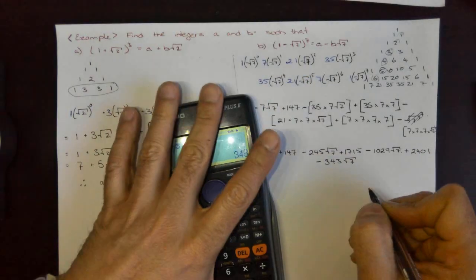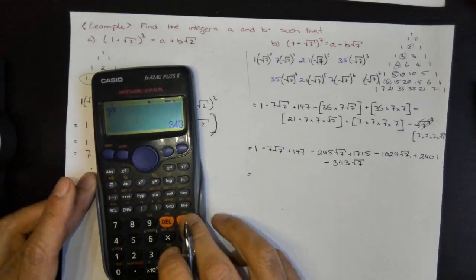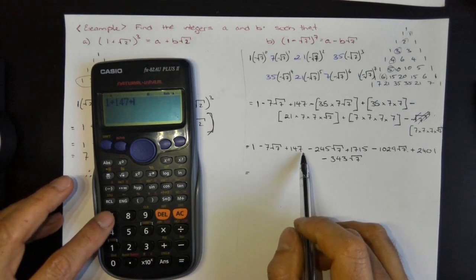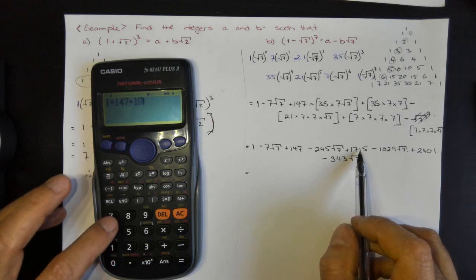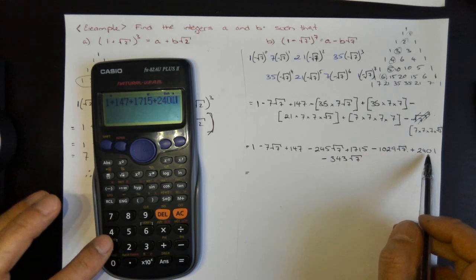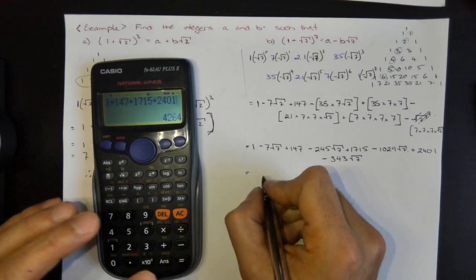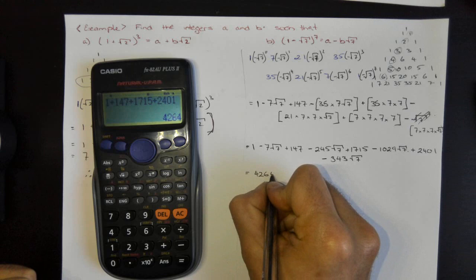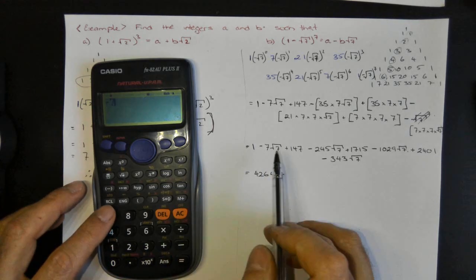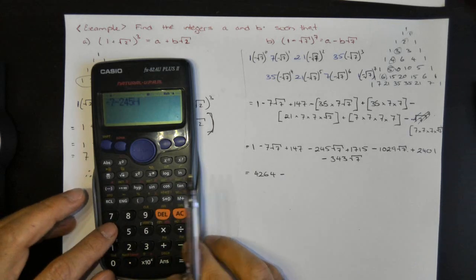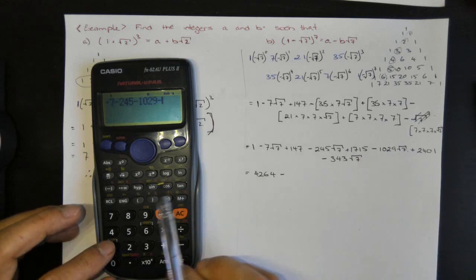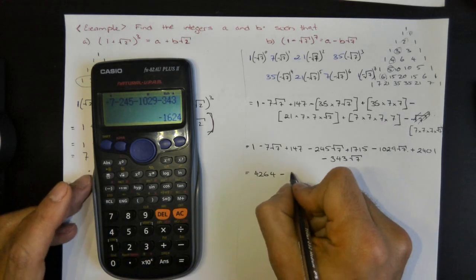Okay, so we're collecting all our whole numbers. We've got 1 plus 147 plus 1715 plus 2401, so we get 4264. And then we've got negative 7 minus 245 minus 1029 and 343.